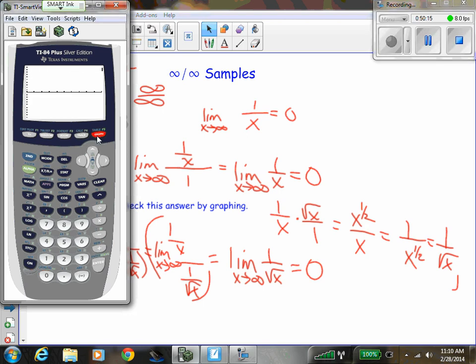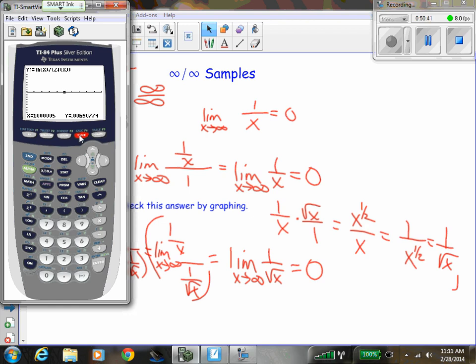Okay, now when I do this, notice that nothing looks much like it's happening, right? But if you put your trace button on, then you can get a value of y that's there. Now notice that that starts 0.006. So it looks like that thing's going to be approaching 0, but it's still a little bit up.